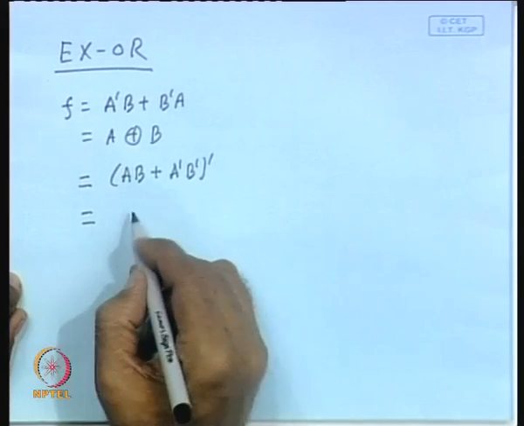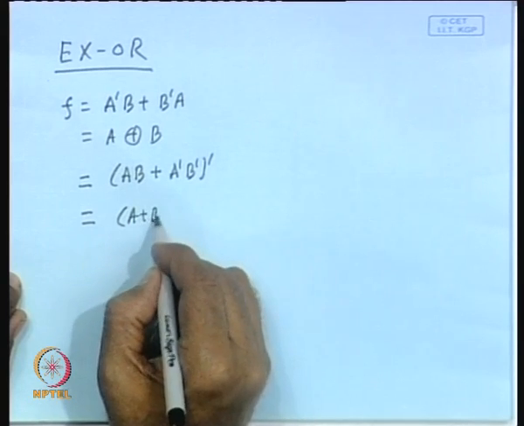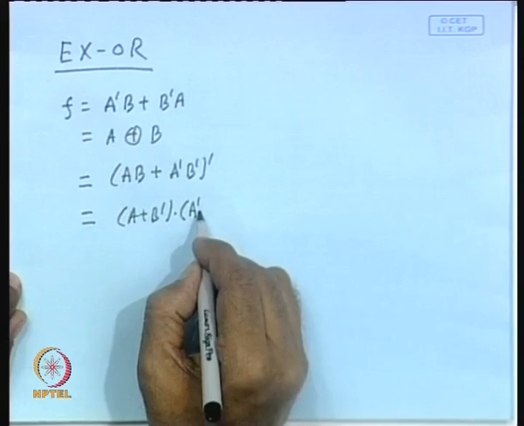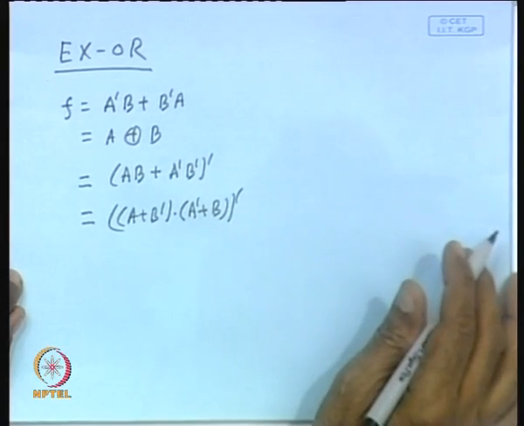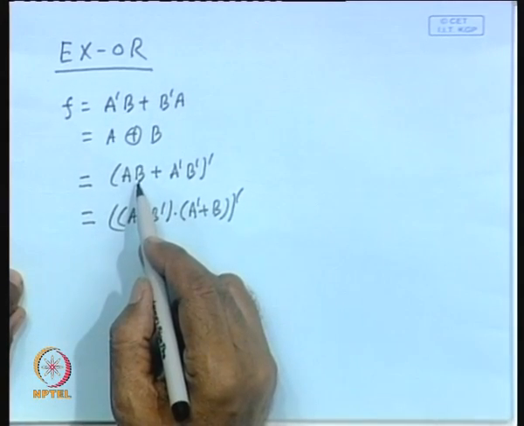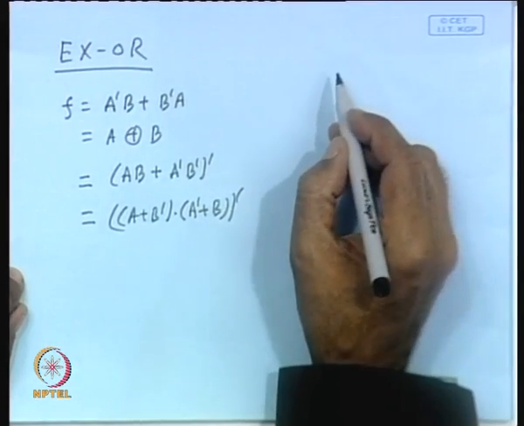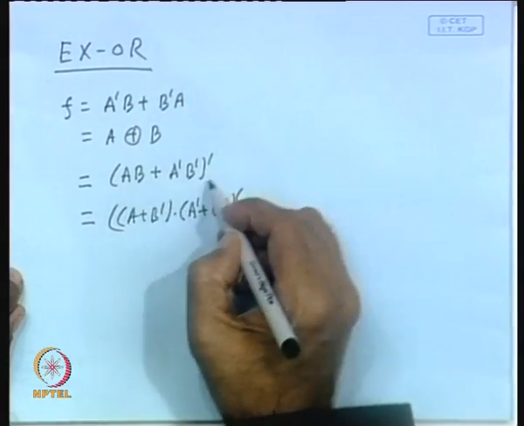Or it can be represented as A plus B dash into A dash or B and then complement of it. So, depending on that, you can have AND-OR-invert or OR-AND-invert topology. Let us first consider the realization corresponding to this AND-OR-invert.